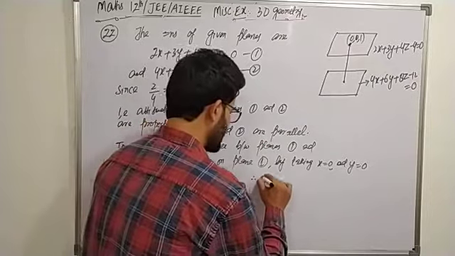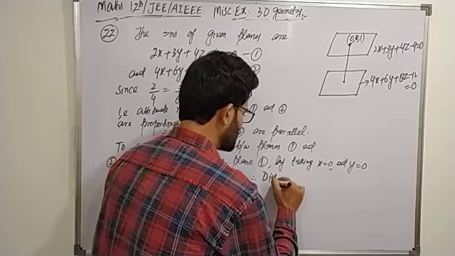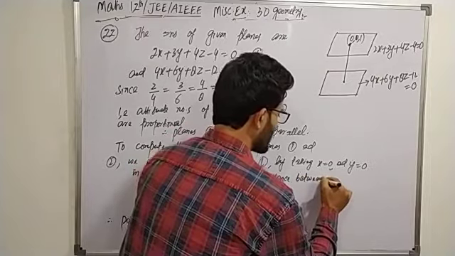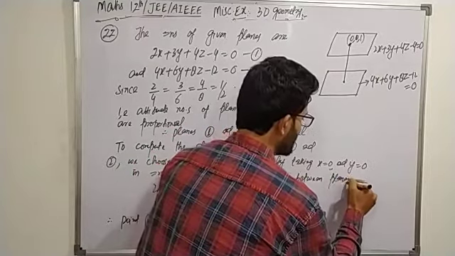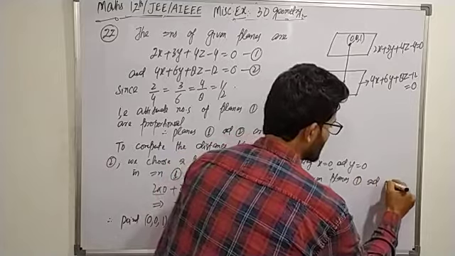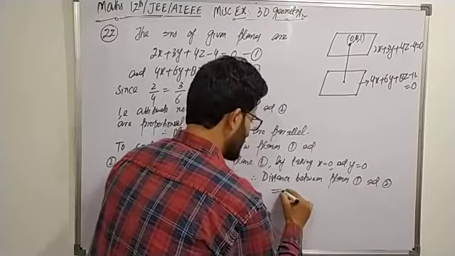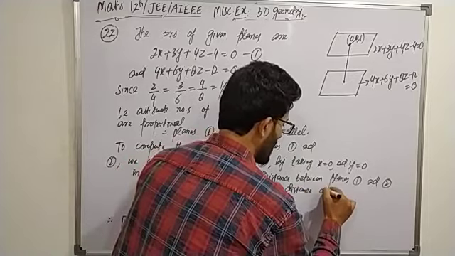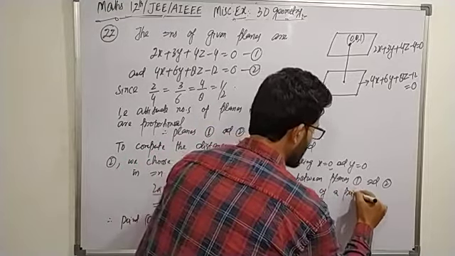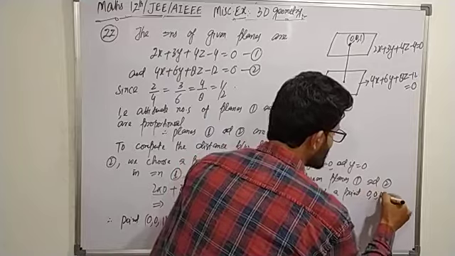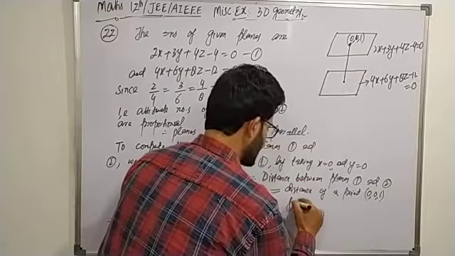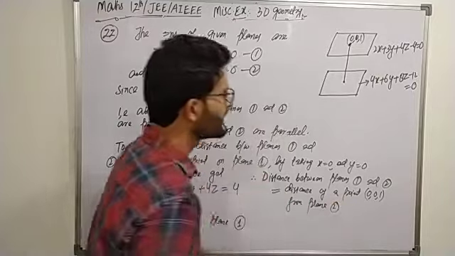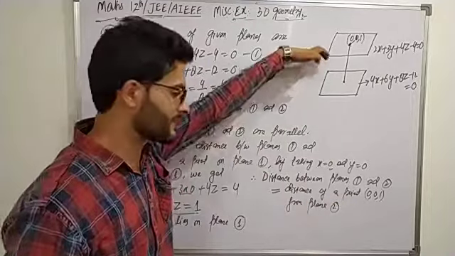Therefore distance between planes first and second must be equal to distance of a point. कौन सा point है? 0, 0, 1 from plane second. क्योंकि 0, 0, 1 जो है that lies on plane first.